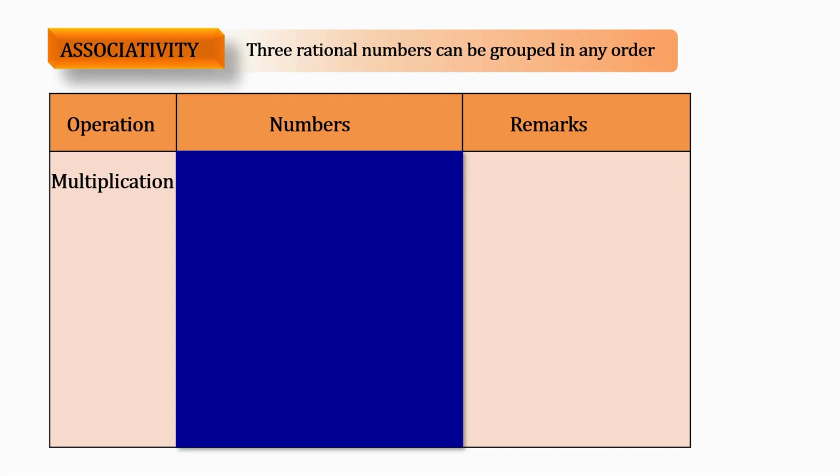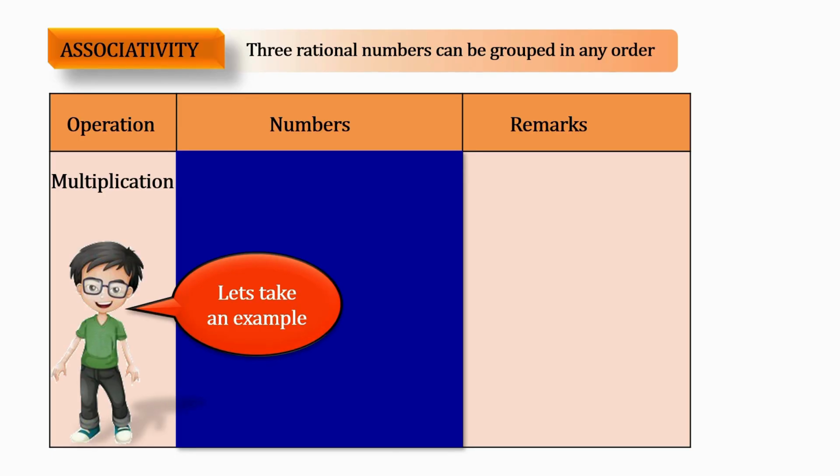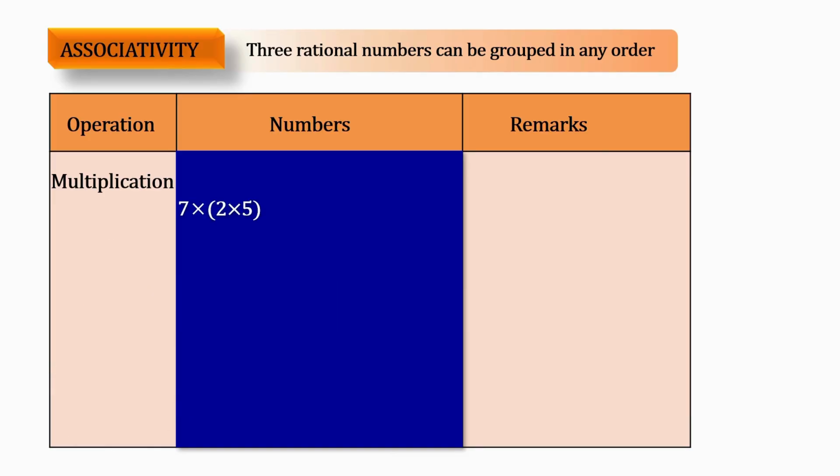Now for multiplication, three rational numbers can be grouped in any order. Let's take an example. 7 multiplied by (2 multiplied by 5) equal to 70, and (7 multiplied by 2) multiplied by 5 is equal to 70.